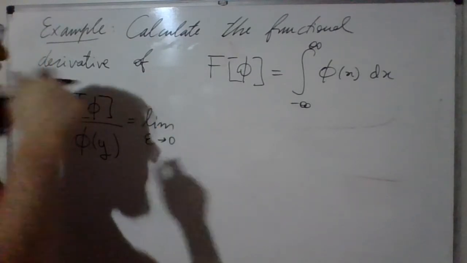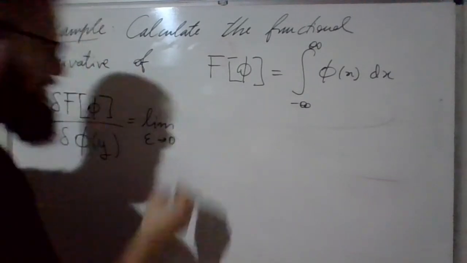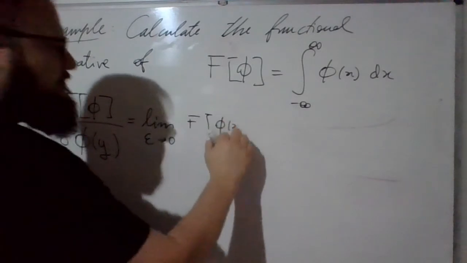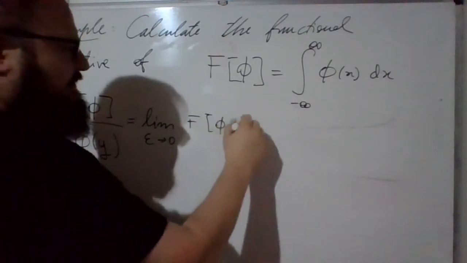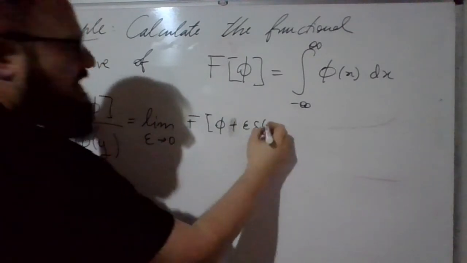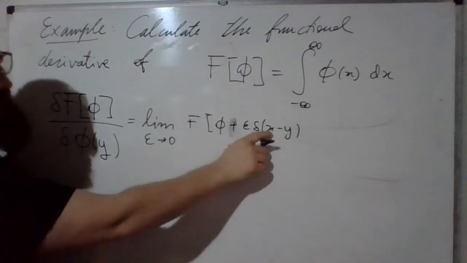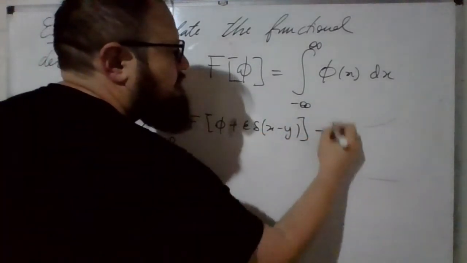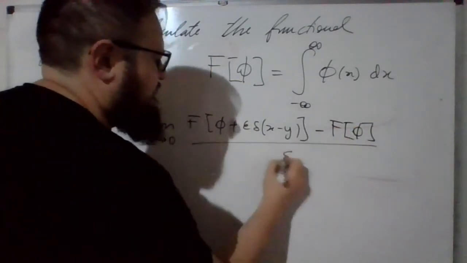Okay. And you need to use the definition. Remember, I need to pick the function calculated plus some epsilon variated at the point y. Okay, so delta of x minus y, minus the original functional divided by epsilon.